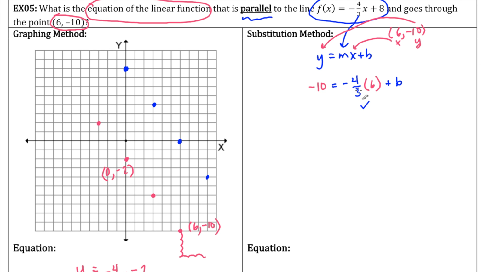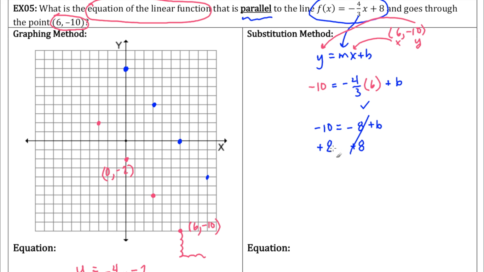So let's multiply this out. Negative times positive is a negative. 4 times 6 is 24. 24 divided by 3 is 8. And so you put plus 8 here.